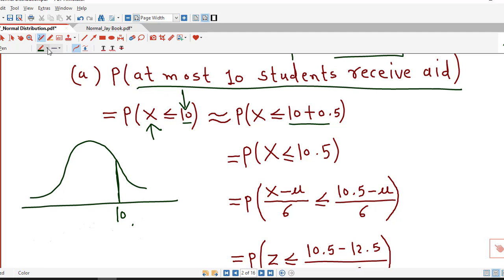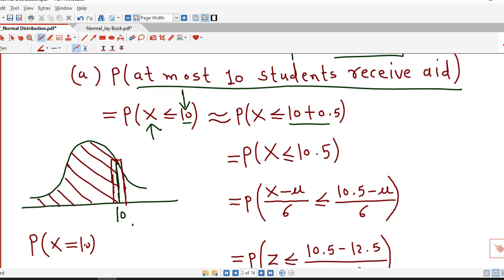That is, we are interested in the area to the left of 10. But the probability that X equals 10 is nothing but the area of a rectangle centered at 10.